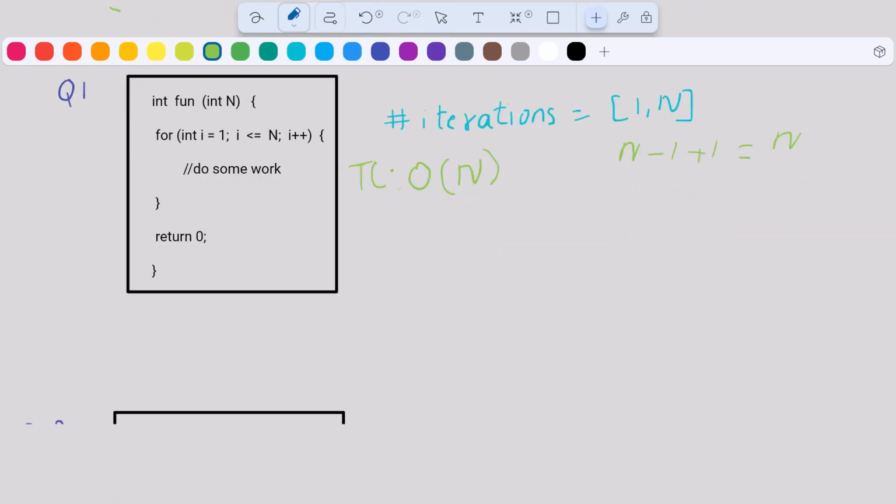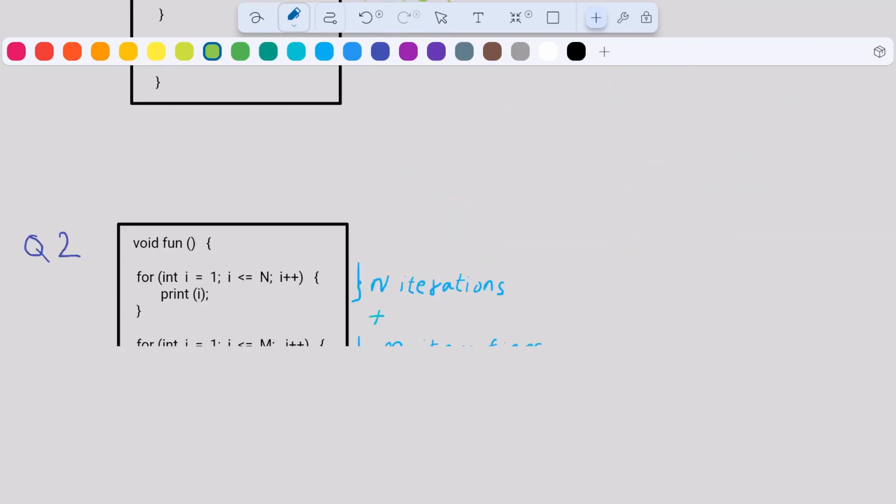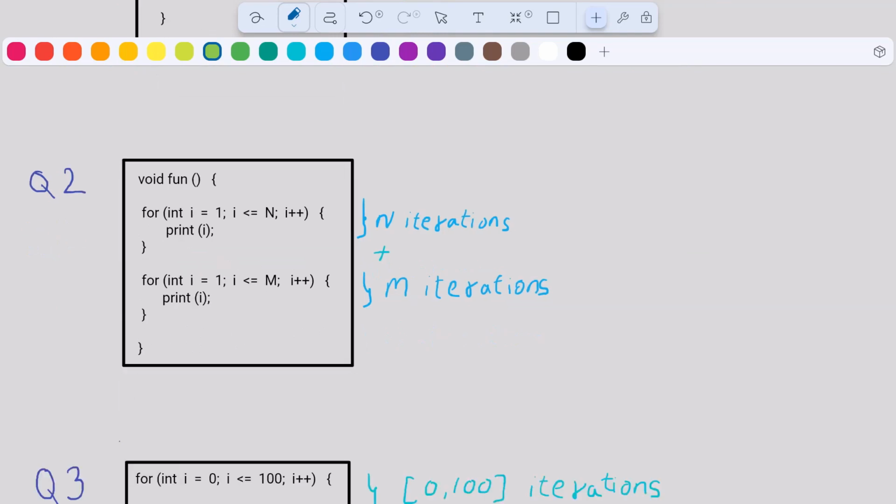Now let's proceed further. In this example, you can see that this is a function with two loops. The first loop is running from 1 to n, so it is running for n times, and then this loop is running from 1 to m, so this loop is running for m times.